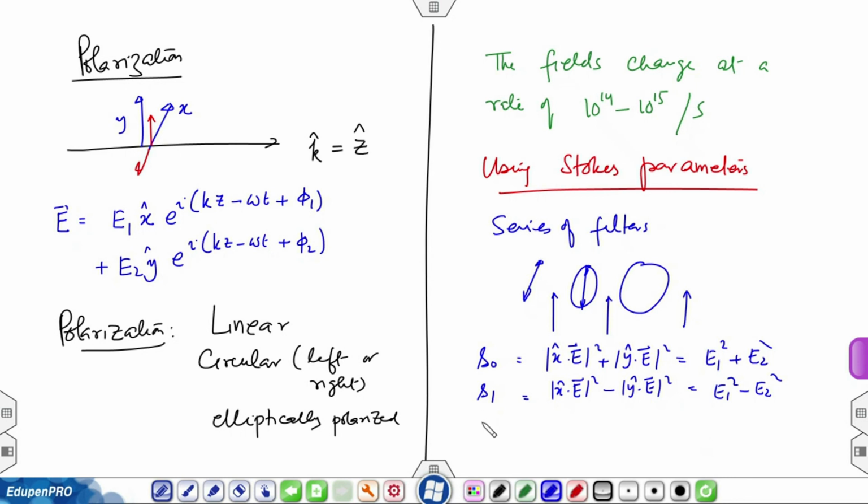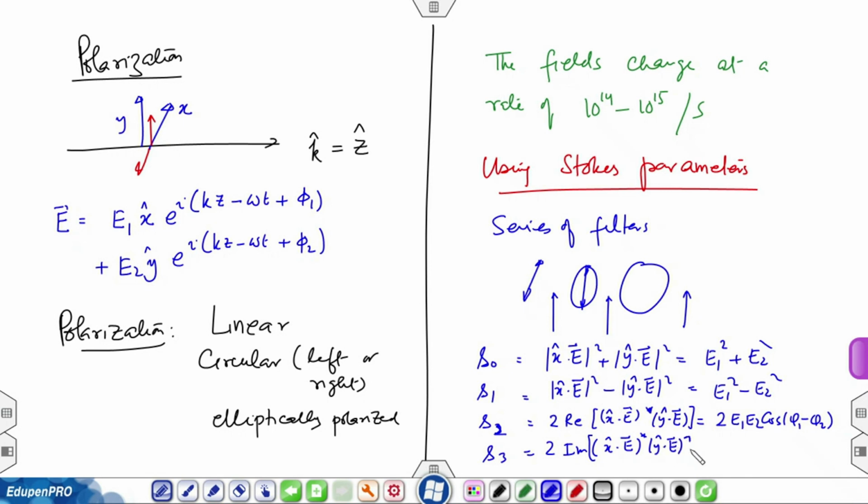And for that, you again measure something called S 2, which is nothing but 2 times the real part of x dot E star times y dot E, which comes out to be 2 E 1 E 2 cosine of phi 1 minus phi 2, and S 3 is equal to 2 times the imaginary part of x dot E star y dot E, which comes out to be 2 E 1 E 2 sine of phi 2 minus phi 1.